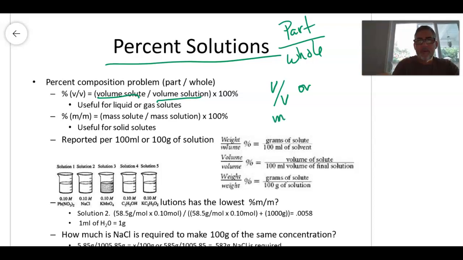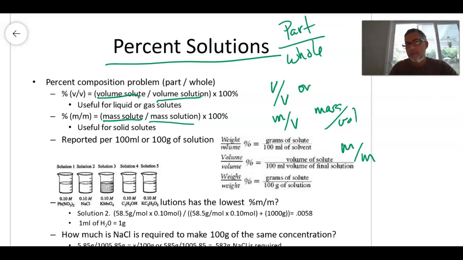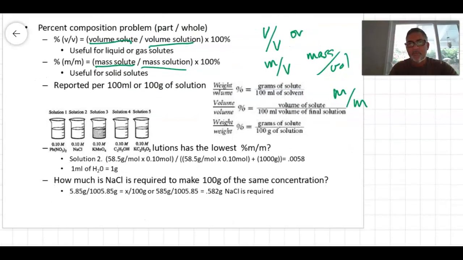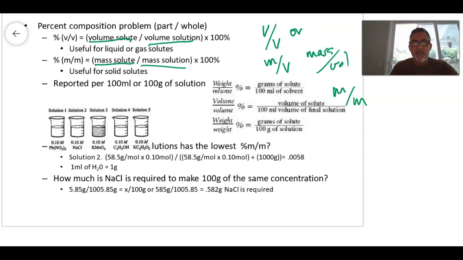It can be M over V, which would be mass per volume, or it could be M over M, which is mass over mass. Okay, so it's important to remember. I'll always tell you.